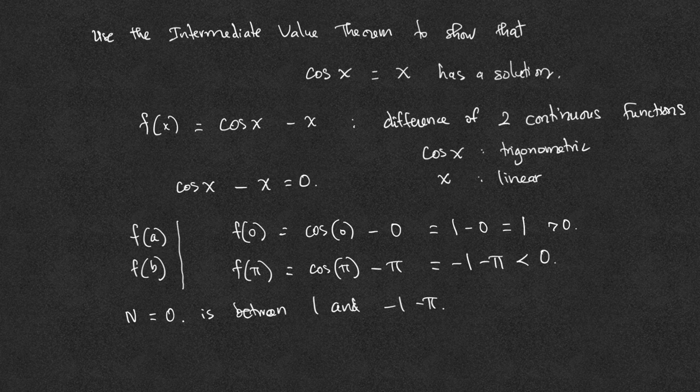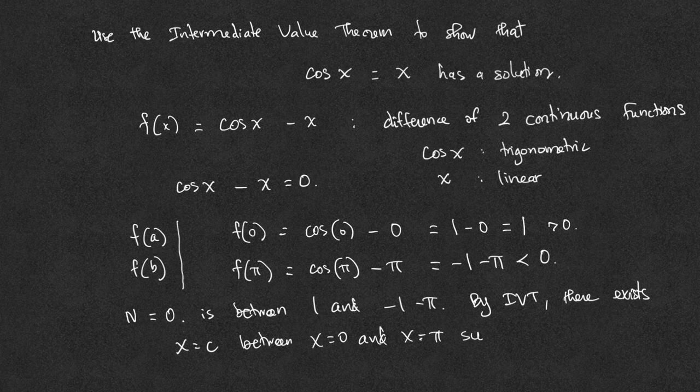Thus, by the intermediate value theorem, there exists an x equals c between those two x values, between x equals 0 and x equals pi, such that f of c equals 0. This c is a solution.